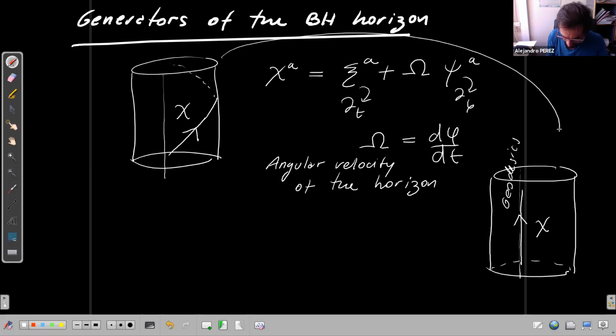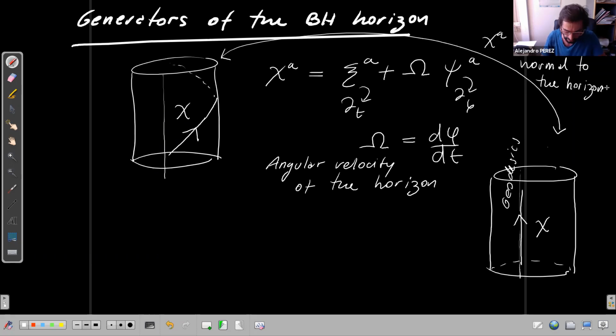My preference for this is because χ is surface forming. So χ^a is the normal to the horizon. It generates the horizon, and so it is surface forming.